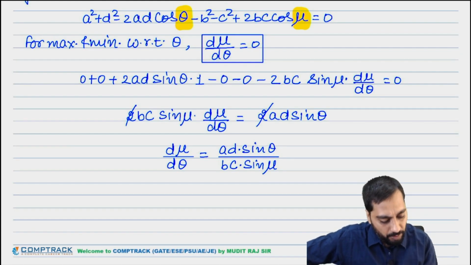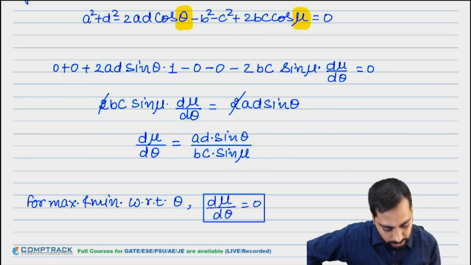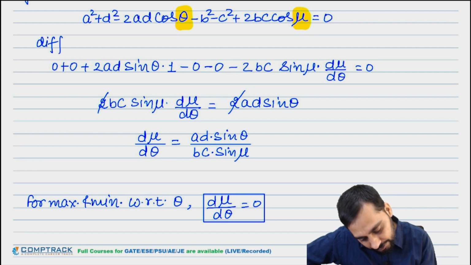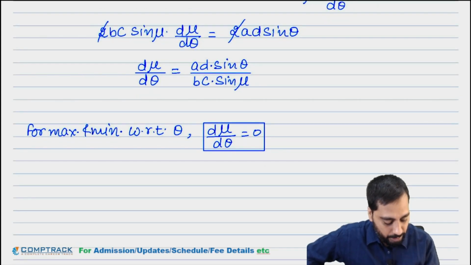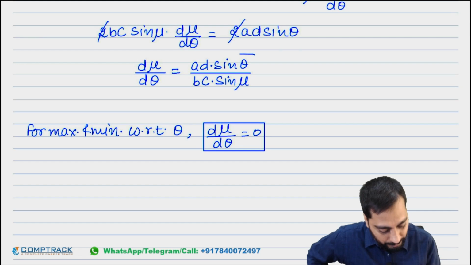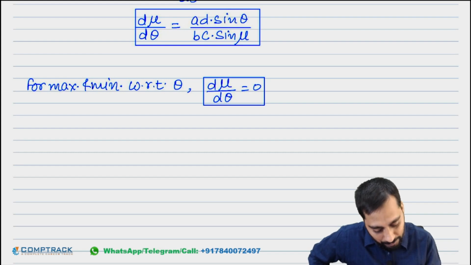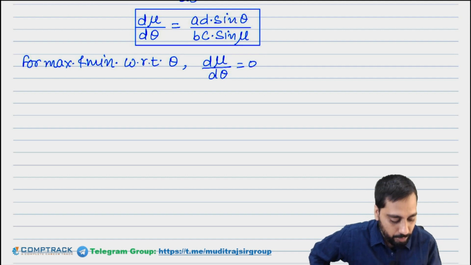Or we could do it simply like this. Differentiate with respect to theta. I have told you why I did this. Okay, so here you got this value. Now for the maxima and minima you have to put this equal to 0.